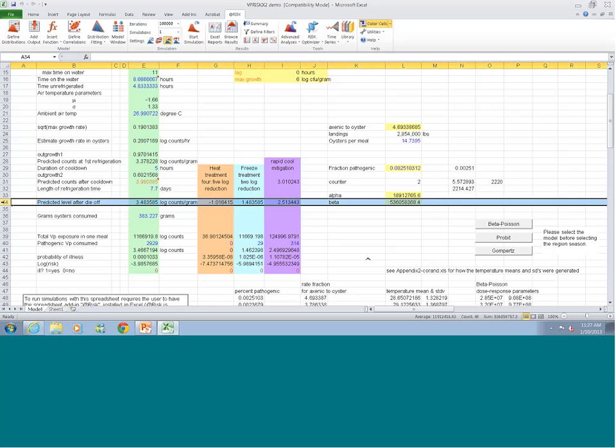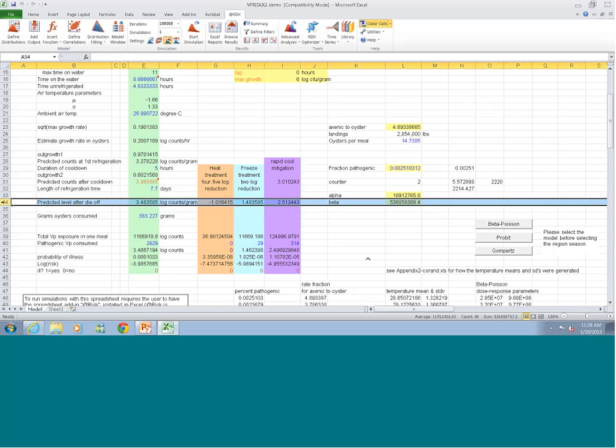So we're just going to look at one column, one row, just so you have some feel for what this risk assessment is doing. And then we're going to go in and look at the use of @RISK in particular. But notice in row 34, under existing conditions, there would be 3.48 log of Vibrio per gram of oyster flesh. If we have a heat treatment, that drops to -1.